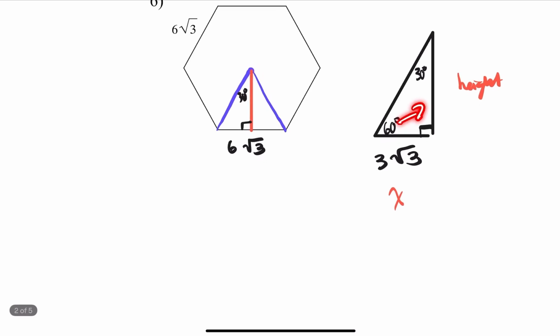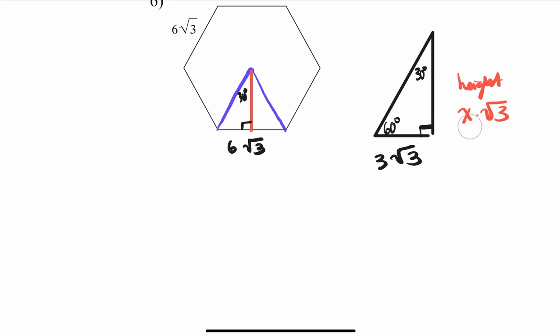Across the 60 degrees, our longer leg is always going to represent x times root 3. So if we're going to go from the short leg to the longer leg, all I need to do is take this value and multiply it by root 3. That means I'm going to take 3 root 3 times another root 3.